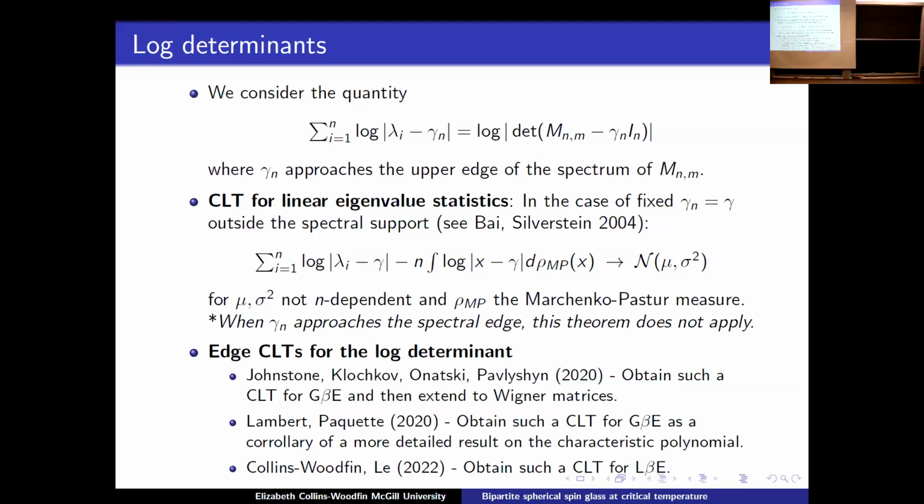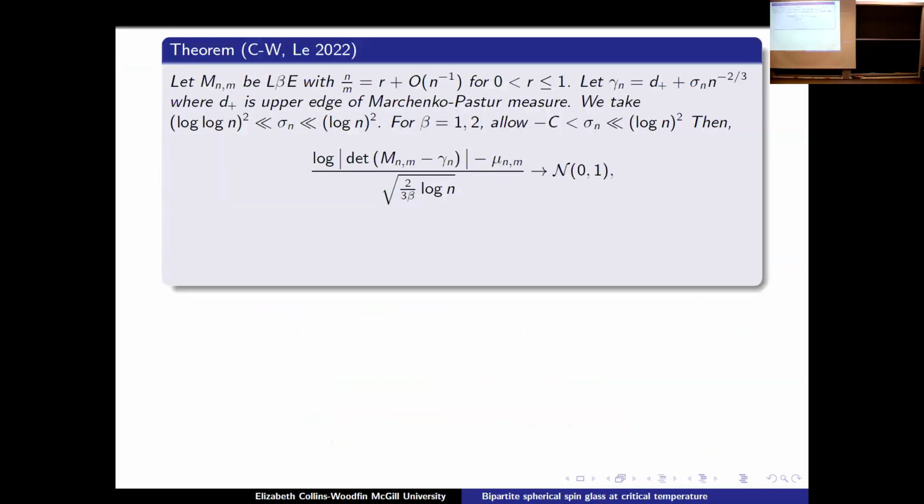This one, of Lambert and Paquette, did a similar CLT for Gaussian beta ensembles, but got it as a corollary of a more detailed result on characteristic polynomials. And so then finally, what we do is obtain a similar type of CLT, but for the Laguerre beta ensemble.